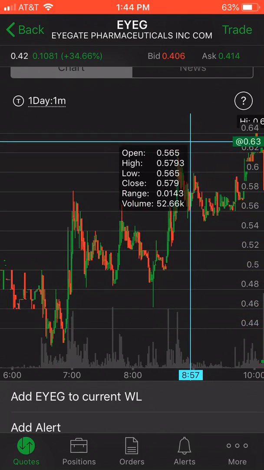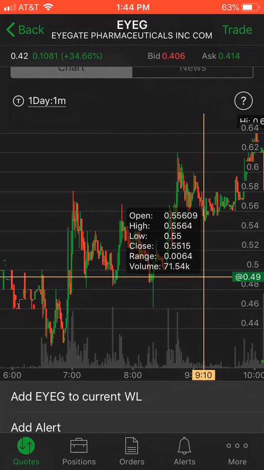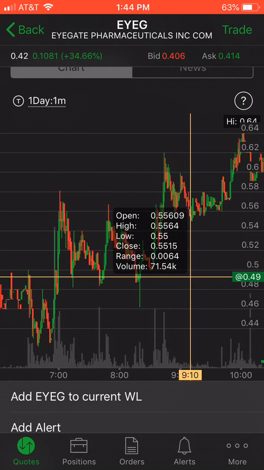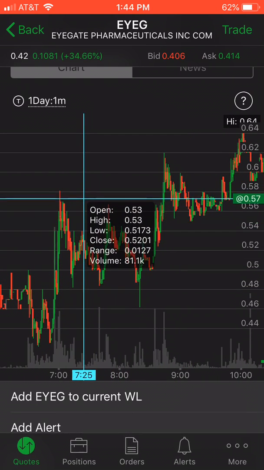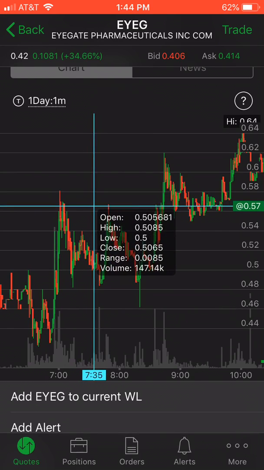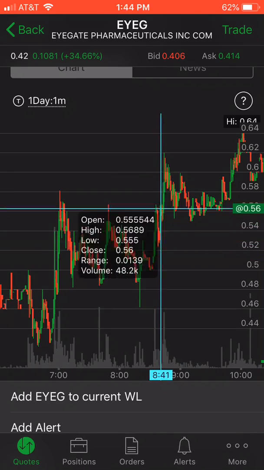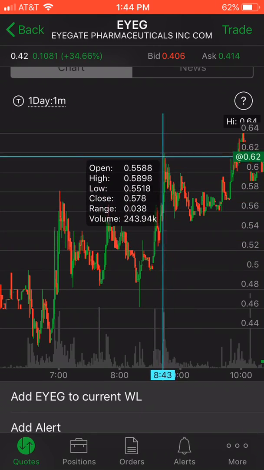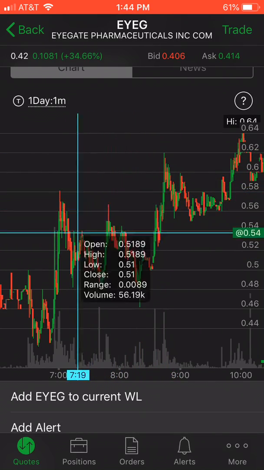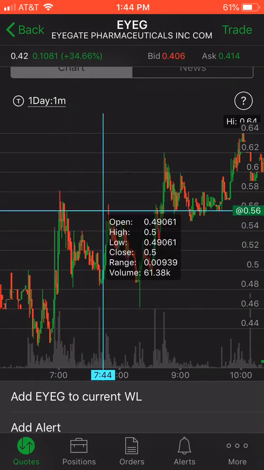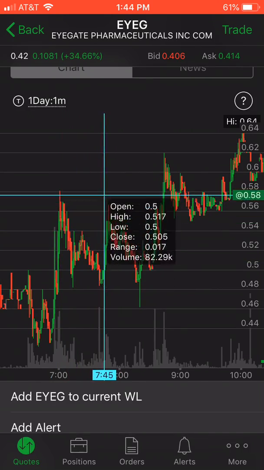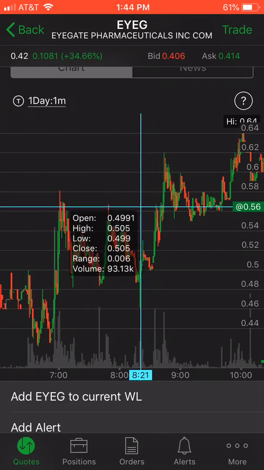But anyway, if we notice here, this was a successful breakout. This was former resistance. When the price couldn't get above 57 cents, it failed.